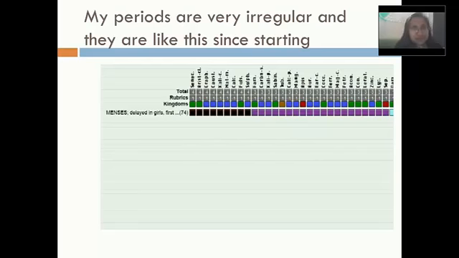She said it is very irregular since starting and late. So menses, delayed, since starting, or menses delayed in girls, first. We are not taking menarche here because we won't find this directly in our repertory, but we can take menses delayed in girls, first. So the first menses was delayed.